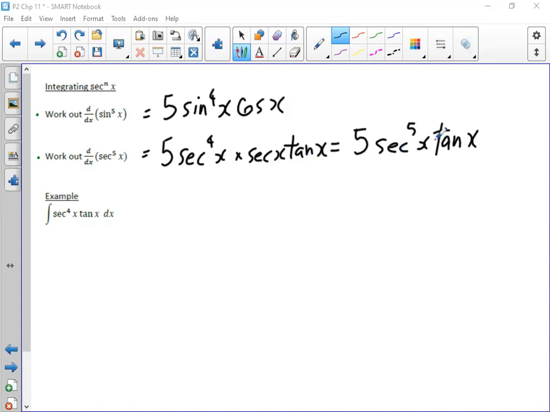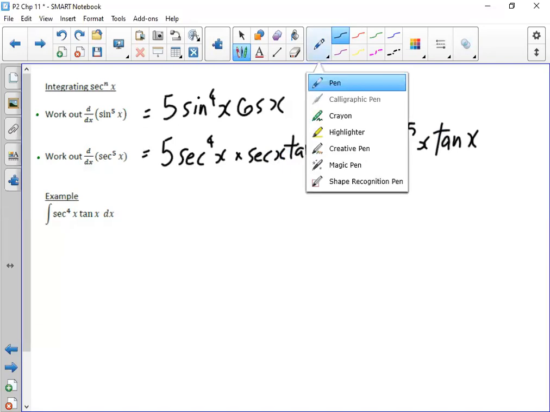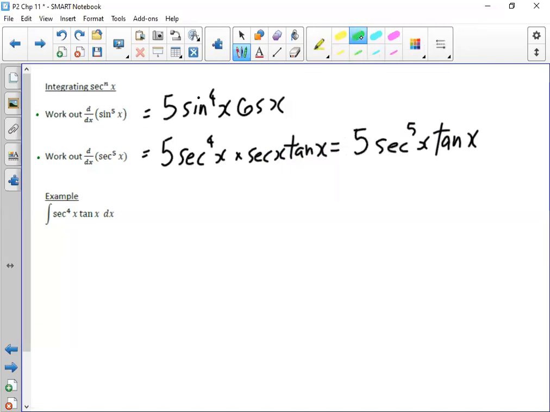Now, what's so special about here? The special thing is in the power. When we differentiate sine to the power 5 x, notice the power decreases by 1.